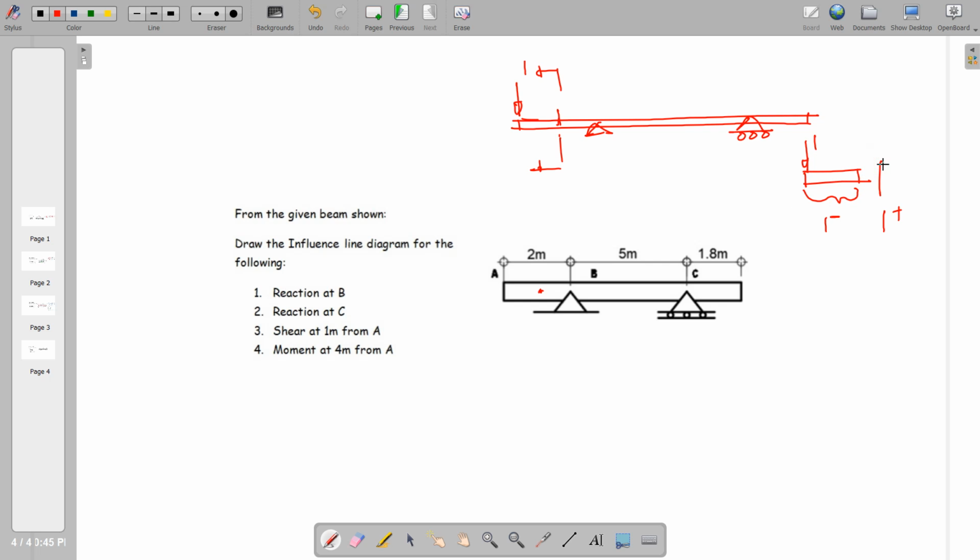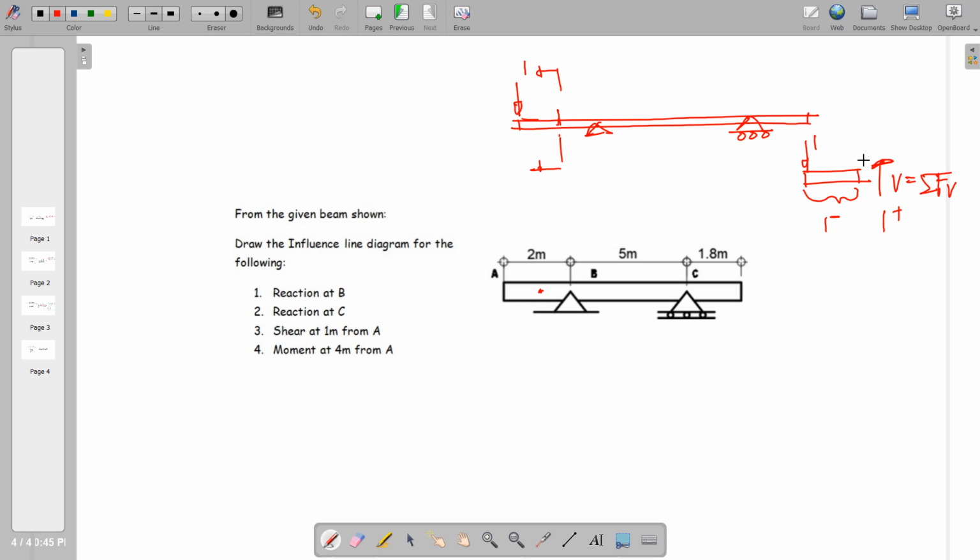So remember that our shear will just be equal to the summation of forces vertical, and if our unit load is within the boundary of 1 minus, then 1 will still be present on this cut portion.